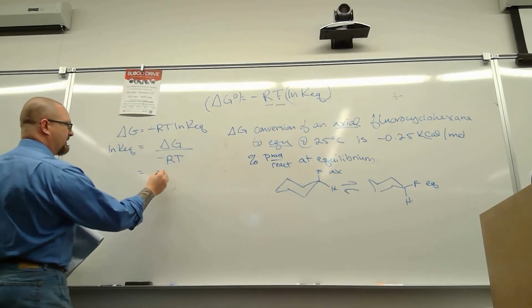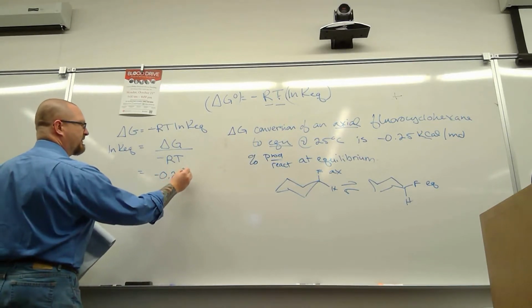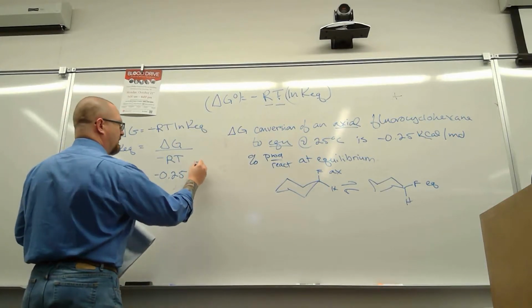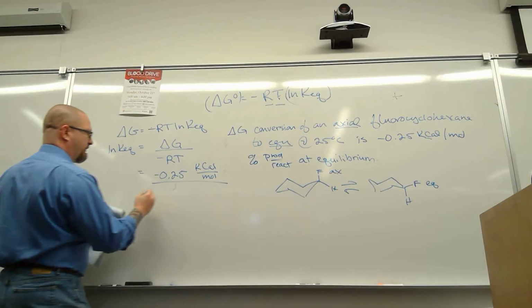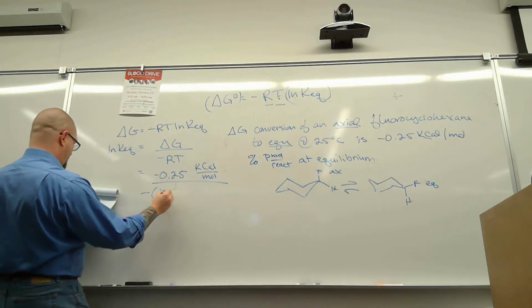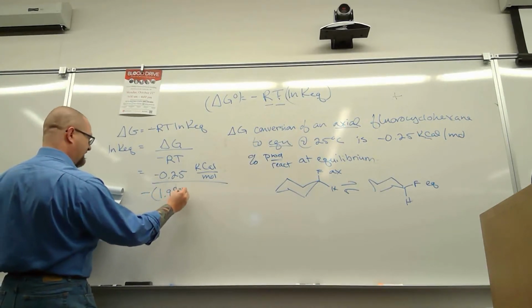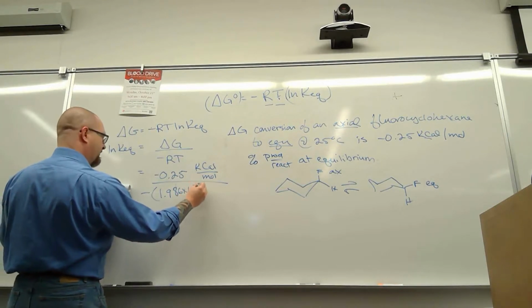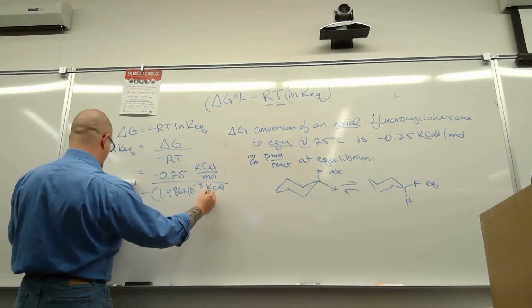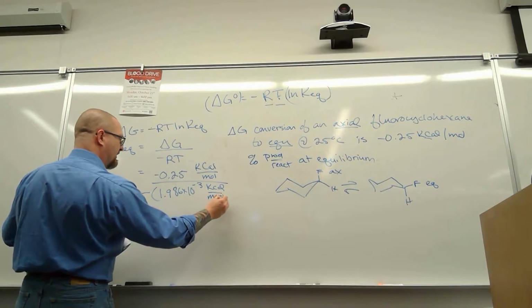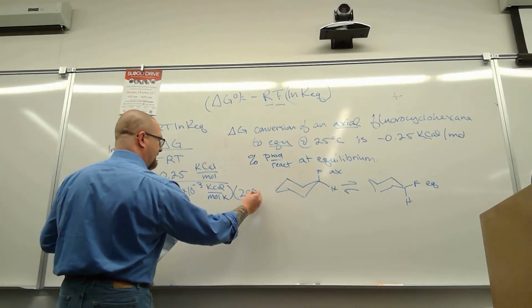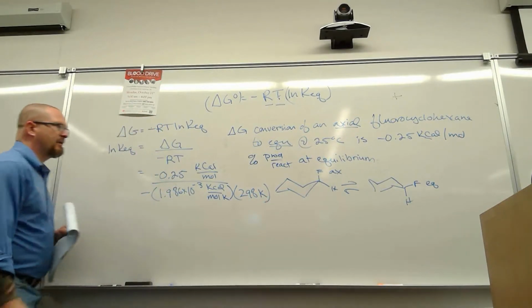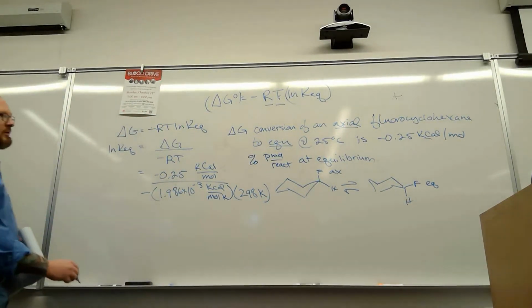So we've got negative 0.25 kilocalories per mole over negative 1.986 times 10 to the negative third kilocalories per mole Kelvin. That's our expression, with 298 Kelvin at 25 degrees Celsius.